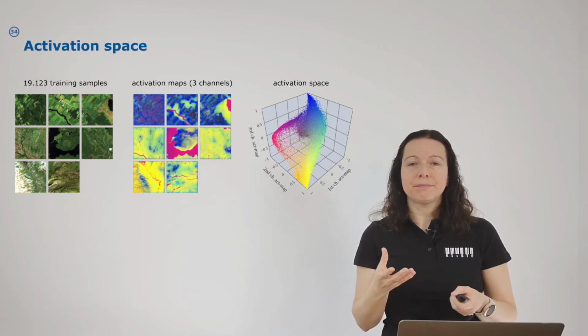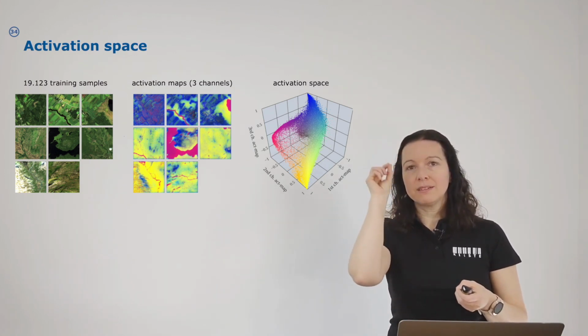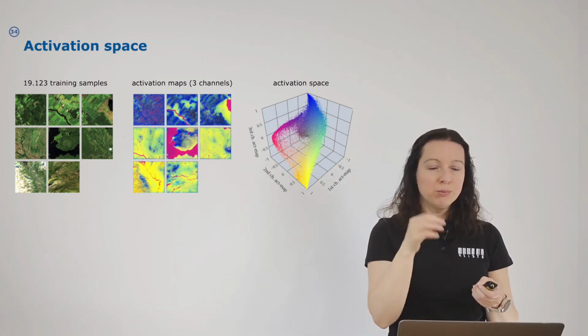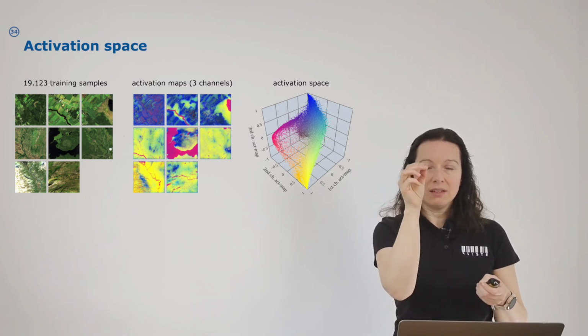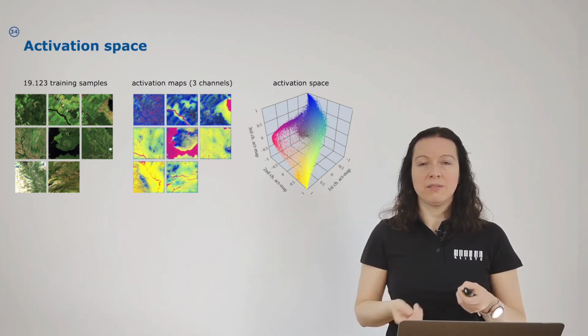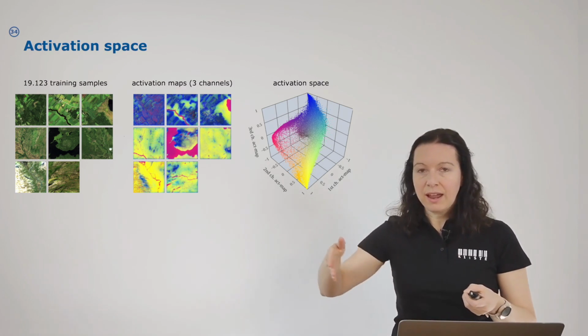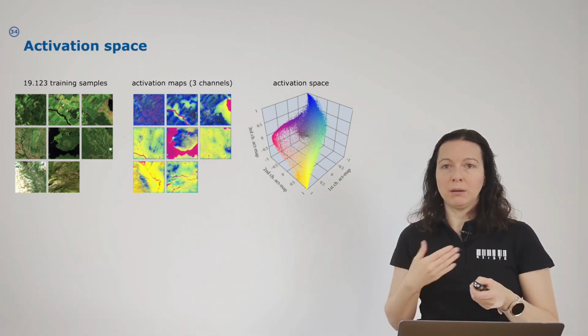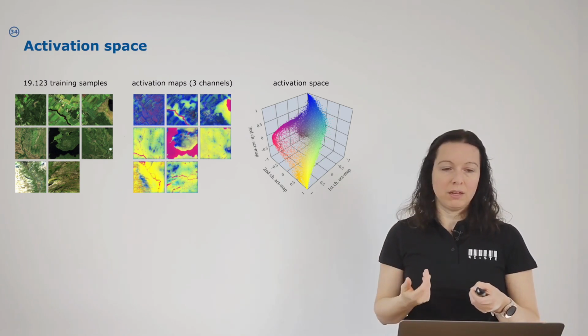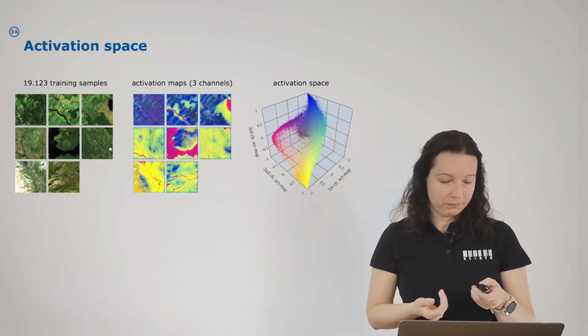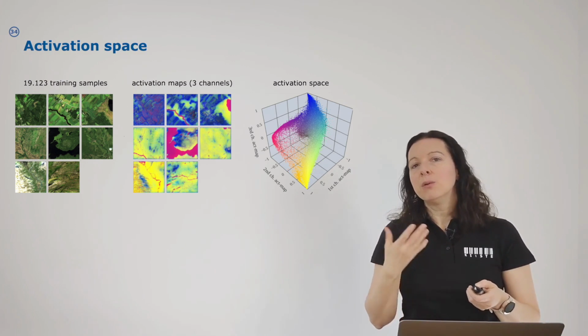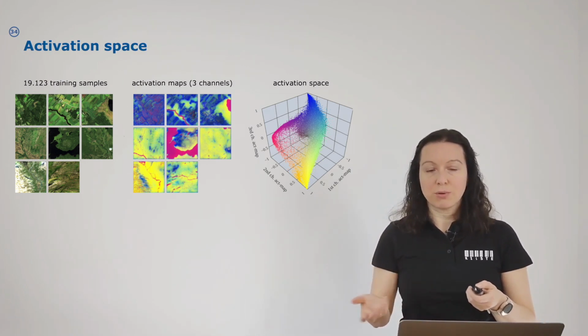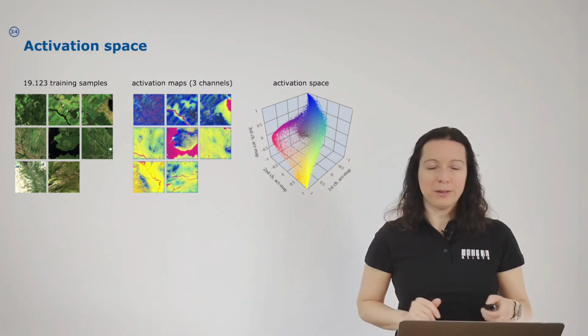And then we take each pixel in these activation maps and put these pixels into a so-called activation space. So each axis in this activation space belongs to one activation map. And what you can already see is there's some structure in it. So we already talked about this.